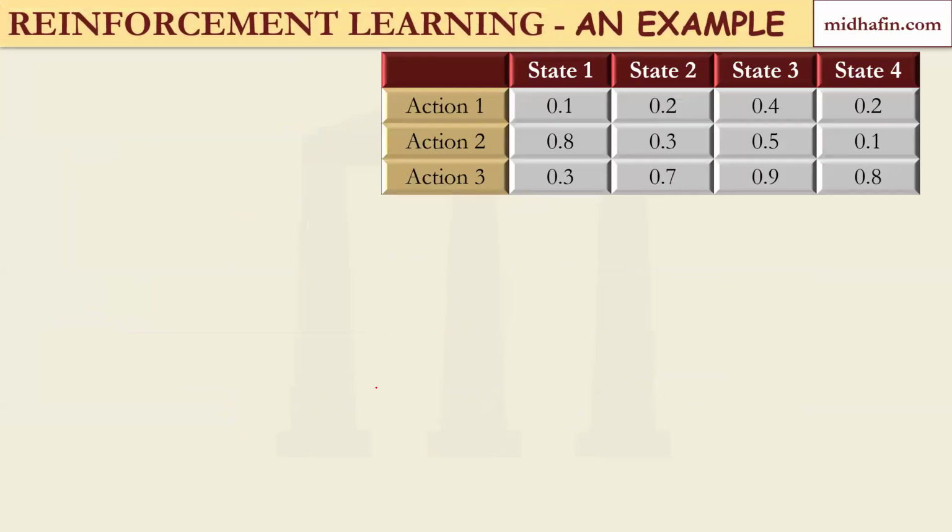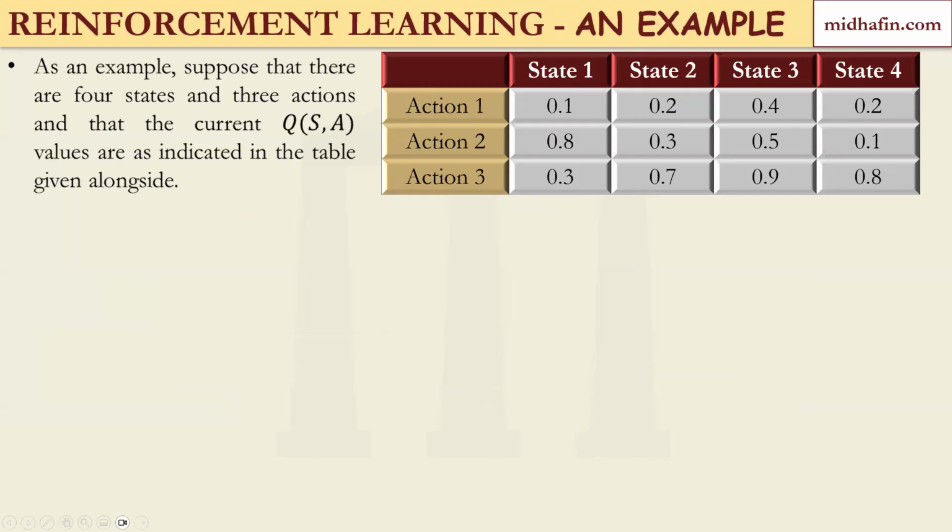Now, the example that I was talking about: how do these updates in Q values work using these two methods? As an example, let's say we have four states and three actions, and the current values are indicated in the table given alongside. So, these Q values 0.1, 0.2, what are they telling you?